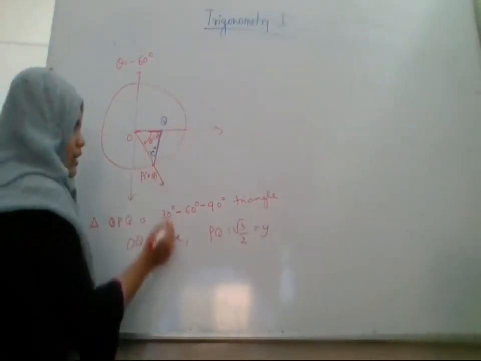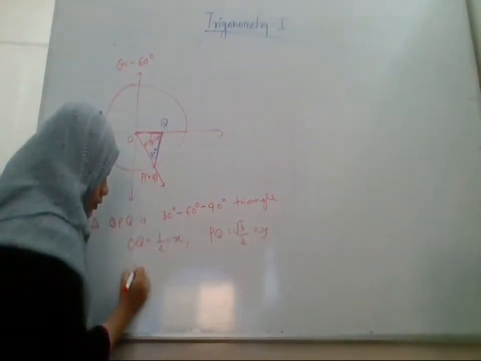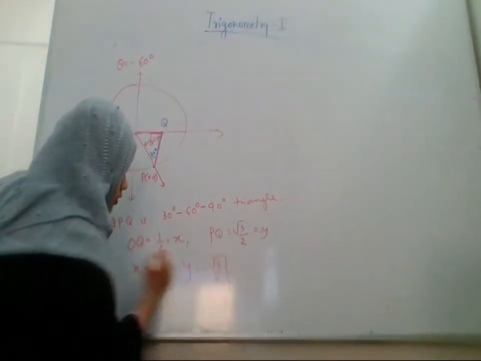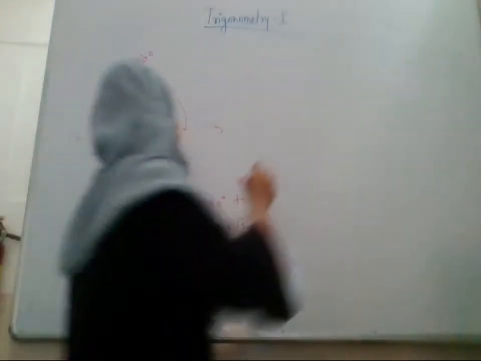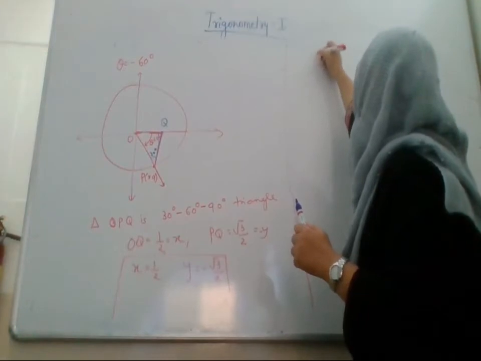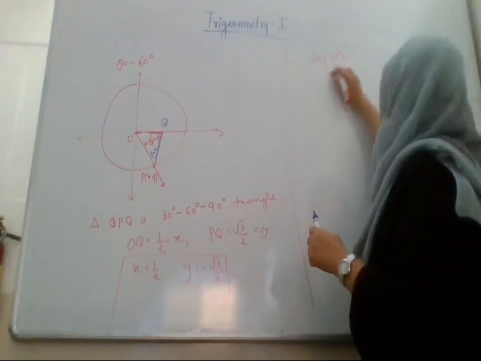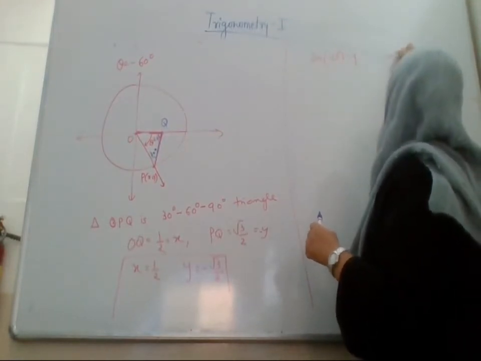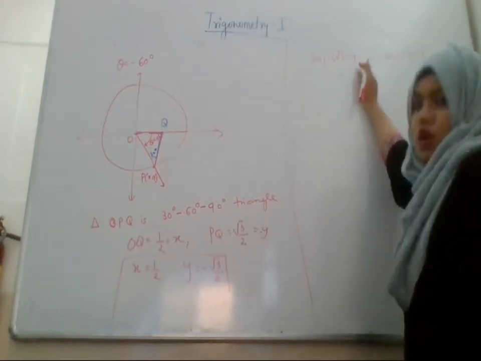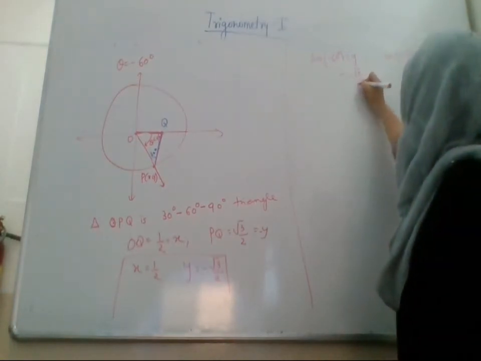But since we are in the fourth quadrant, the value of x is positive, but the value of y will be negative. So x will be 1 upon 2, and y will be minus root 3 upon 2.